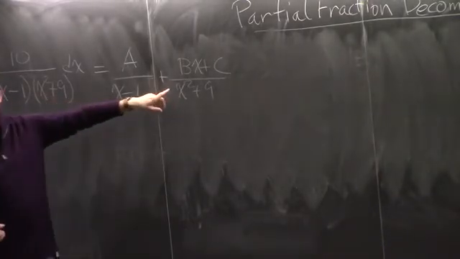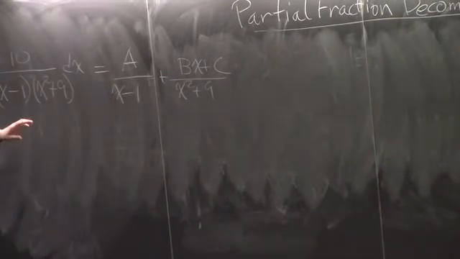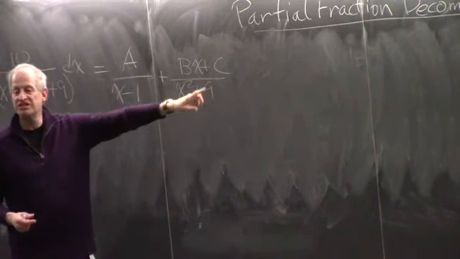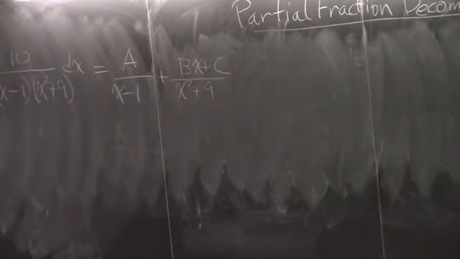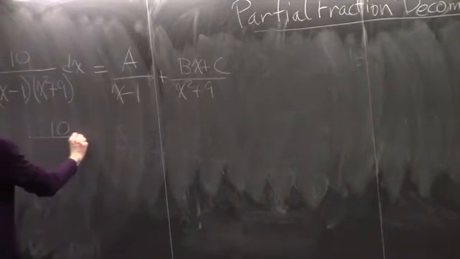But we do test these. So again, because we have x squared plus 9, we have a bx plus c. That's necessary because when you do the decomposition, you could end up with an x term as well as a regular term. You'll see how this works. So let's get a common denominator.